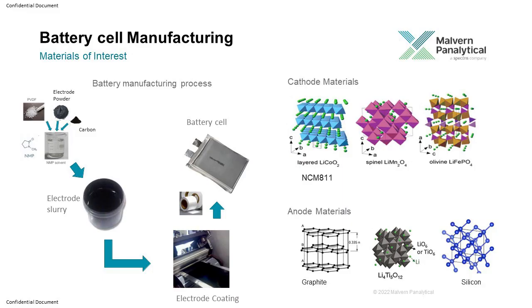So for the battery cells, because again we are talking about the X-ray solutions, and particularly for XRD, it is about the crystal structure. There are 3 main kind of cathode materials that are present in our current production commercial batteries. That is the lithium cobalt oxide based. Of course, the cobalt can be substituted with nickel and manganese.